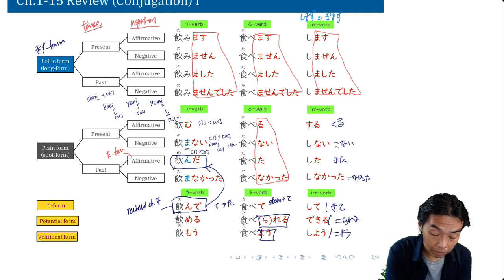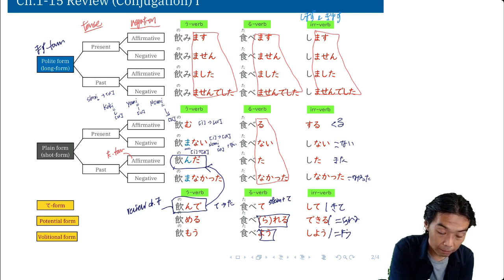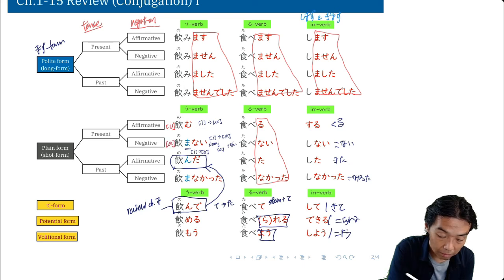We talked about how the plain present affirmative is changing I sound to U sound, and this is A sound, right?